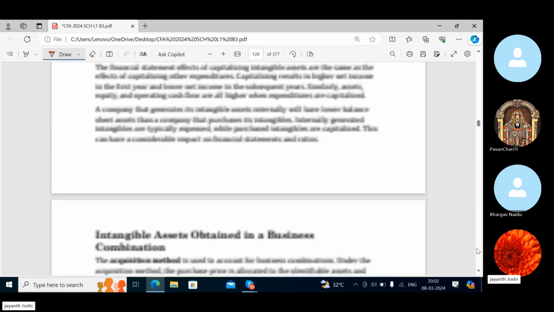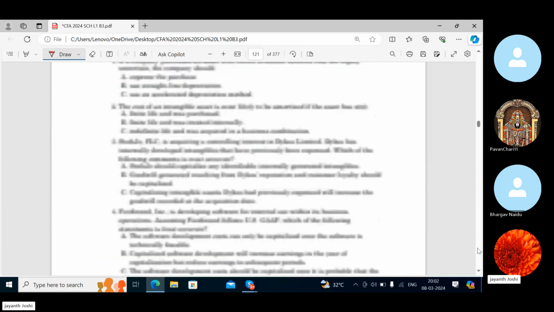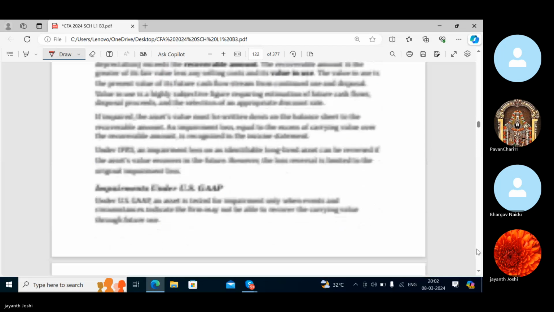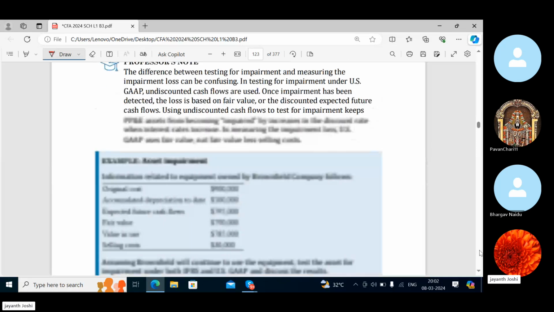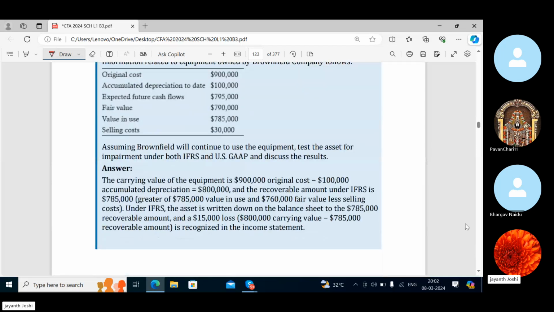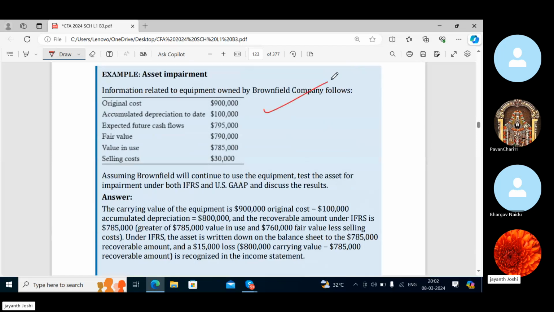Okay, let's do a couple of questions here. I'll give you a question right now regarding impairment. So, asset impairment, just read this question.